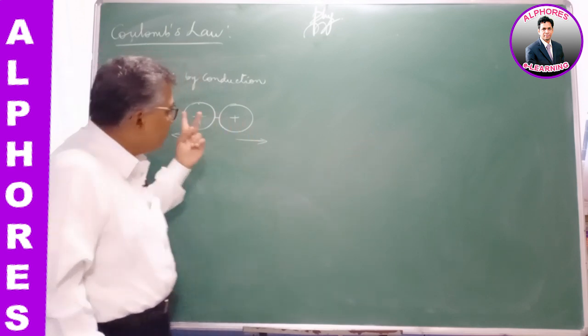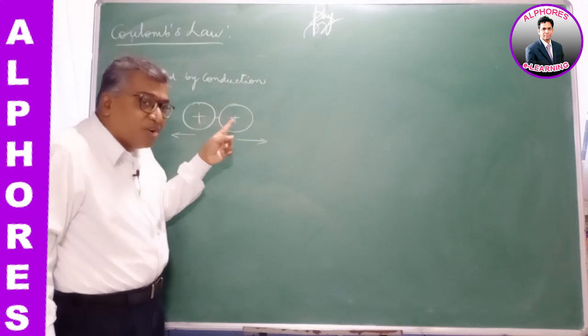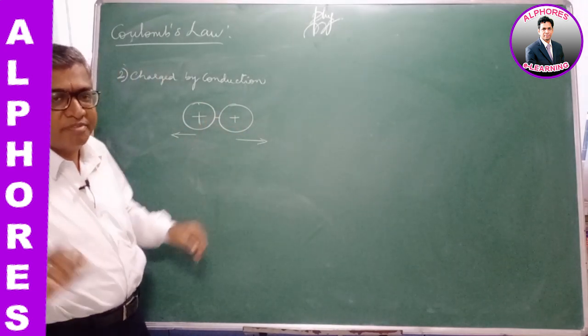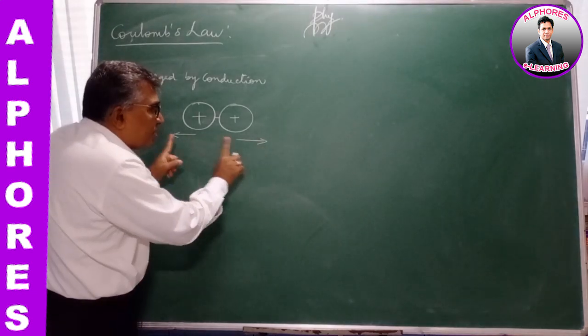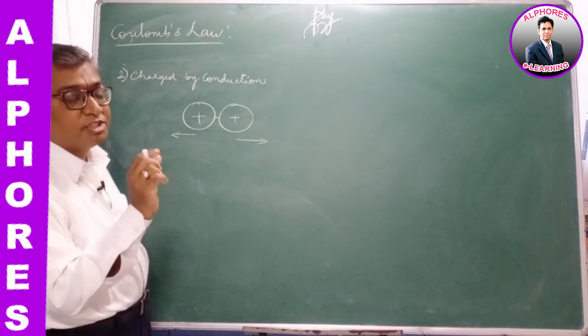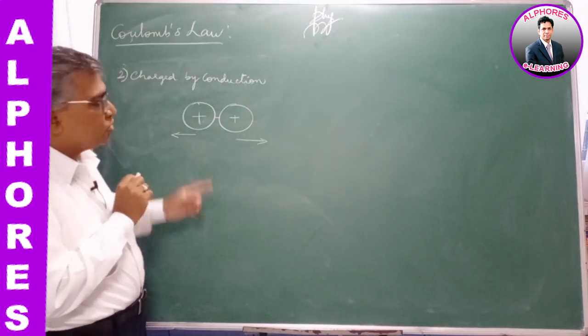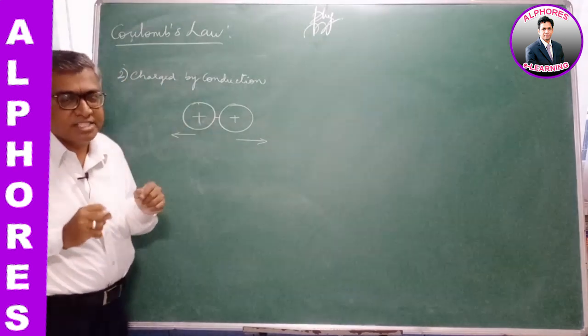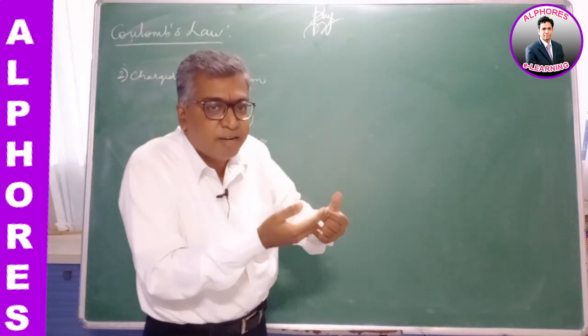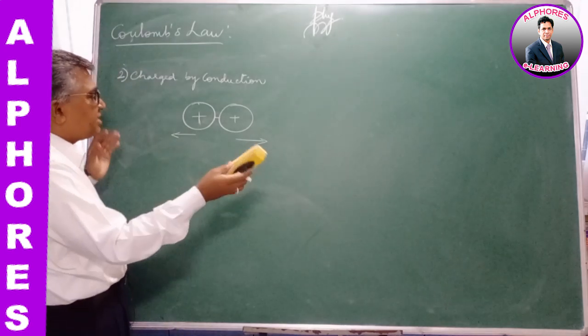So when you get in contact, similar charge is given, and then you are pushed away. Similar charges get separated, repulsion. So whenever you charge by conduction, similar charge is given, and after being charged, they get separated.